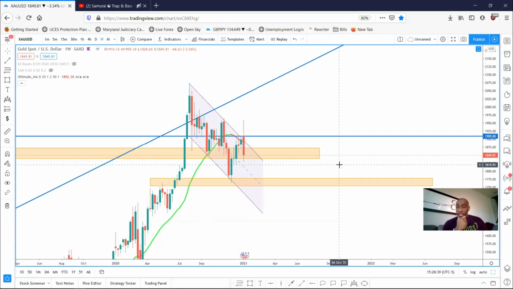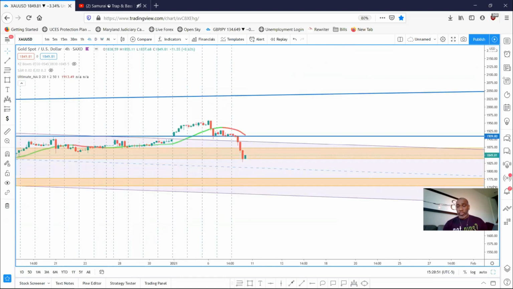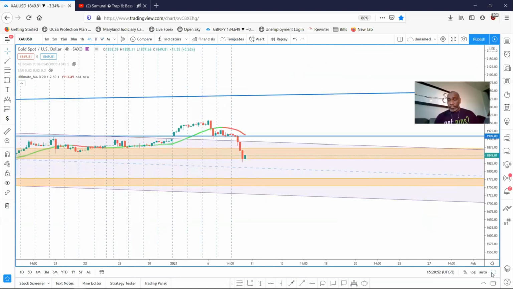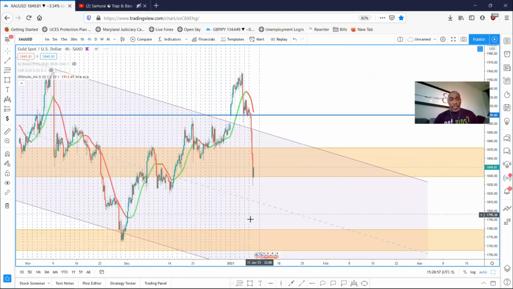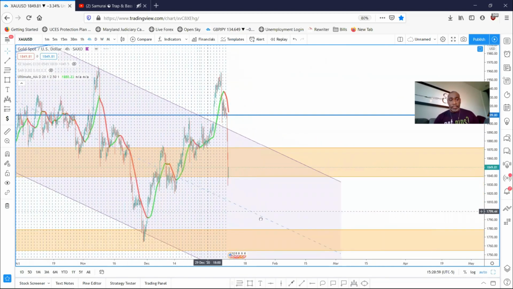Now, here's the crazy thing. Originally, I was looking at this market and thinking there was a head and shoulder pattern. Because if we go down to the 4-hour time frame, you can see the head and shoulder pattern very clear.